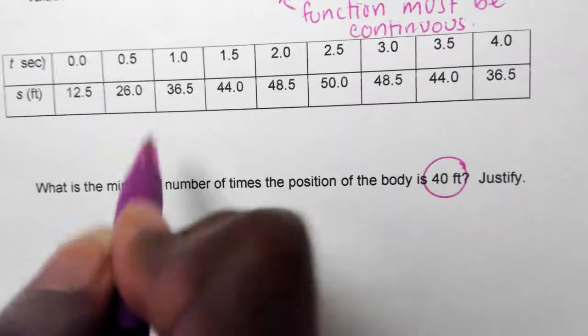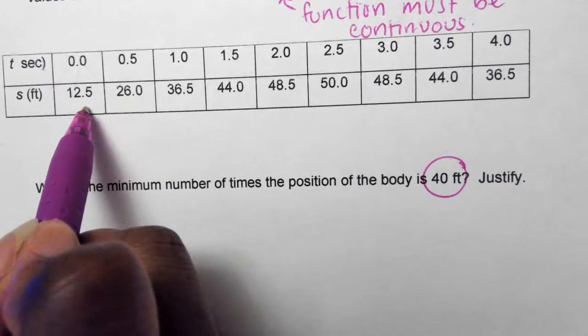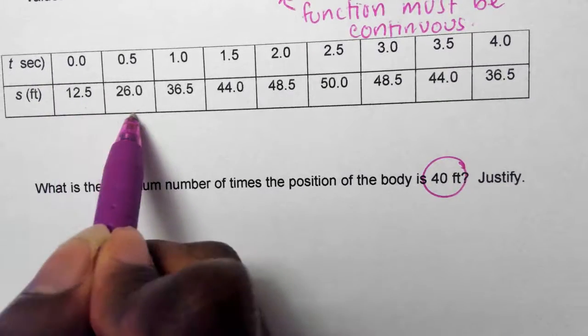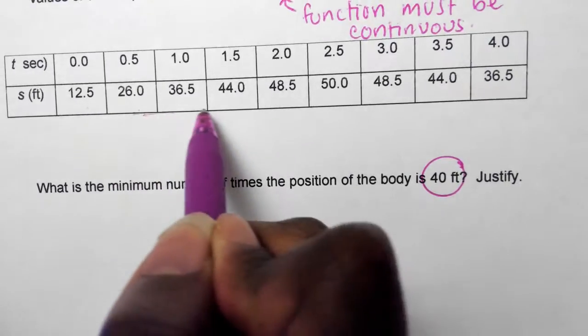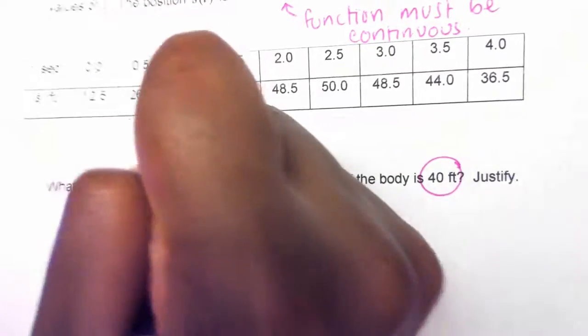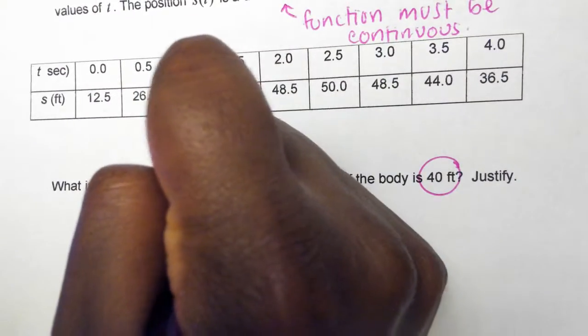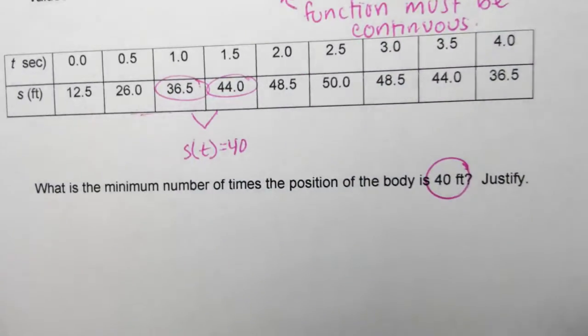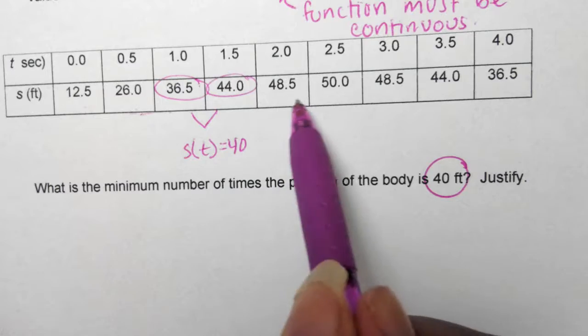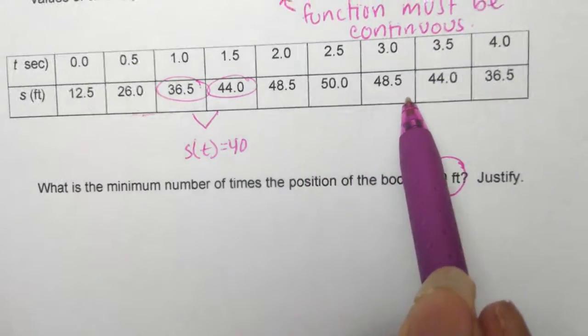So that does not happen here because both of these numbers are less than 40, and then here we have 36.5 and 44. So somewhere in here, S of t has to equal 40. And if we keep going, now these are greater than 40.